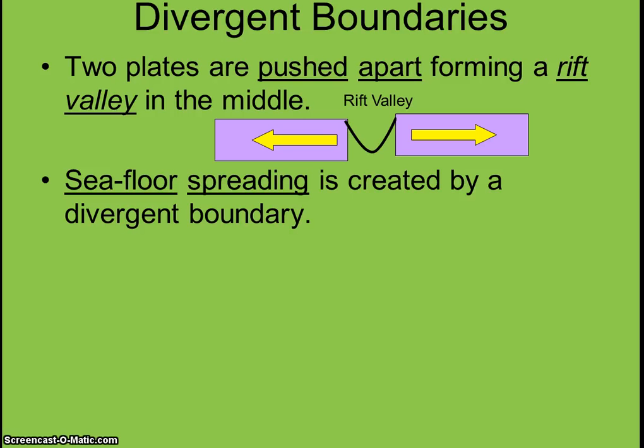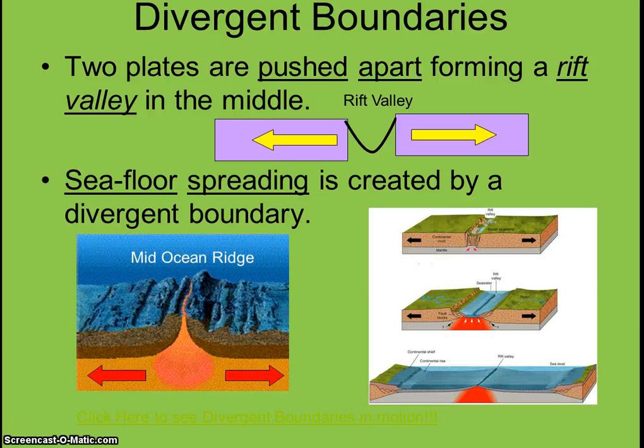Now, you may recognize this, I hope, as the type of boundary where we talked about seafloor spreading. So we can see here in the picture of our moving seafloor where you have magma right here rising, filling in, causing the seafloor to push.